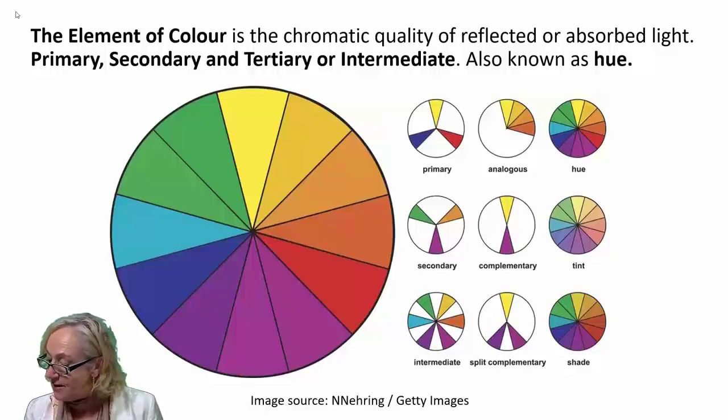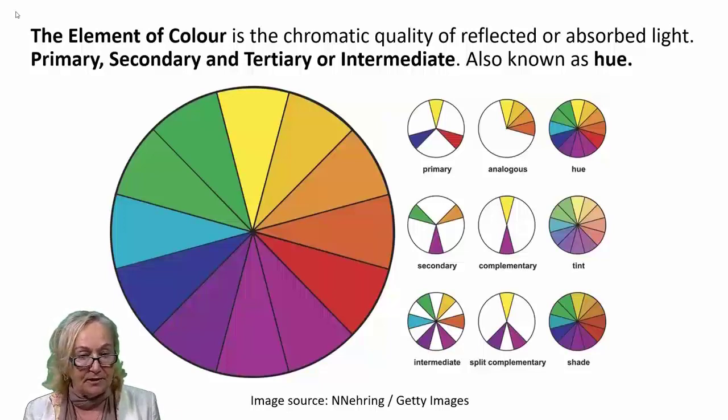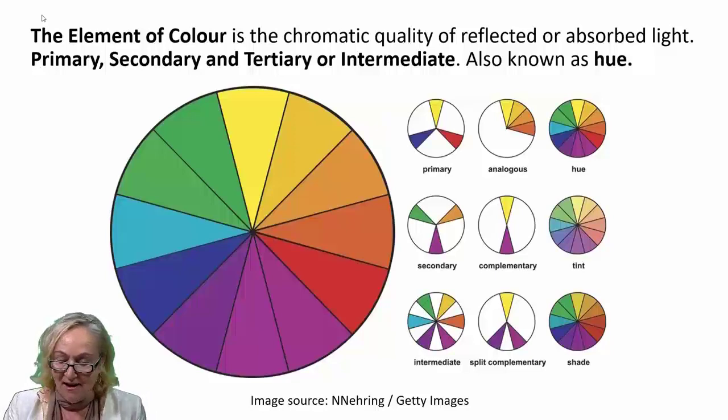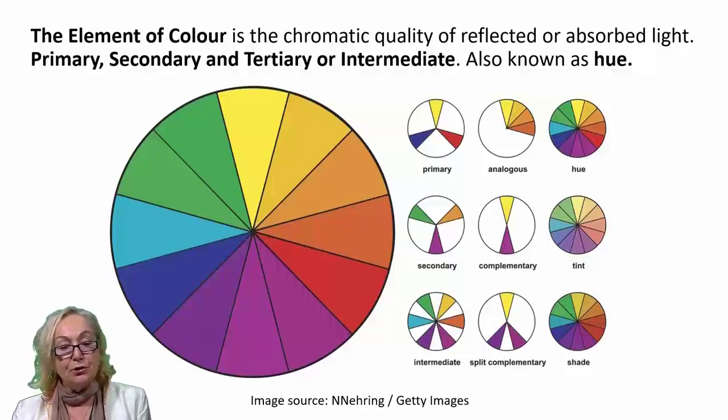Now, moving on to designing with the elements. You've just got some education about what the elements are. Now we're going to move into the principles. And the principles are created through manipulation of the elements. And sometimes you may be after producing a feeling of harmony in your design.